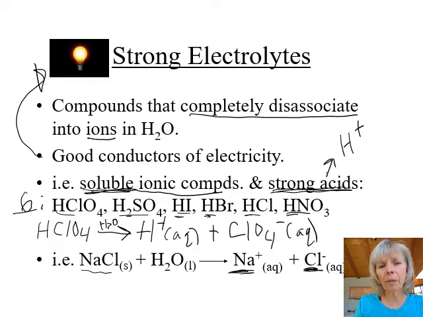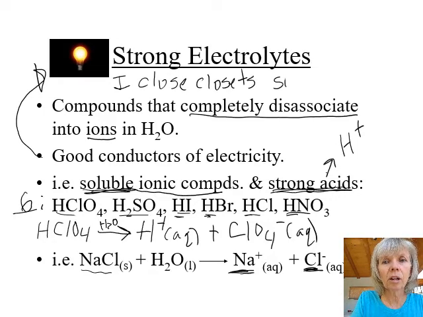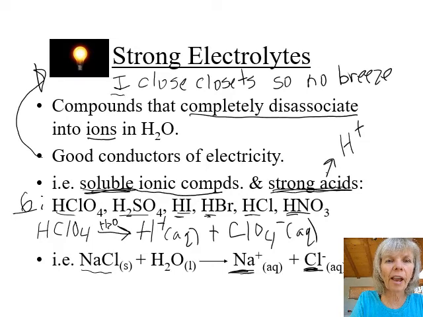To help you remember the formulas of the 6 strong acids, I had a student who came up with a way to remember them: "I close closets, so no breeze." We know that all of our acids are going to start with hydrogen, which tells us we have an acid. Then the first letter in each word: I represents HI.